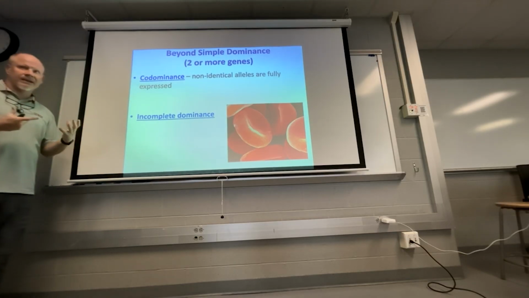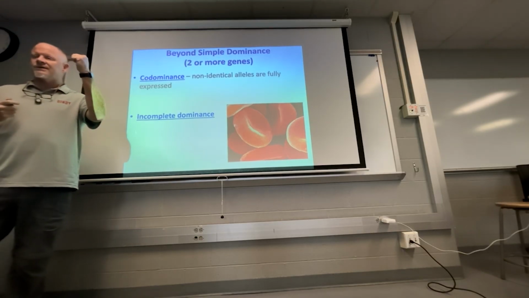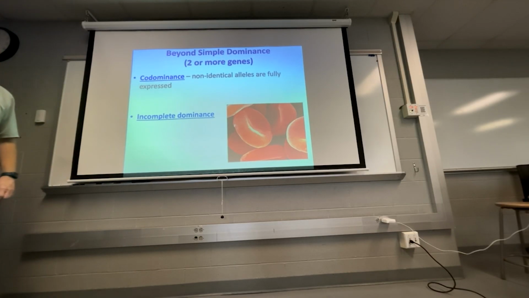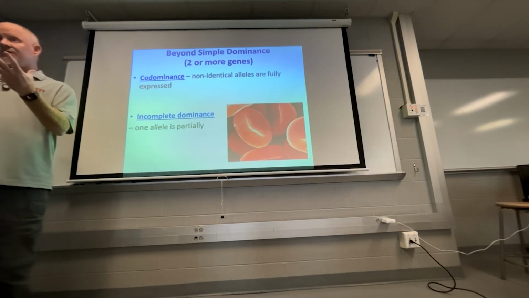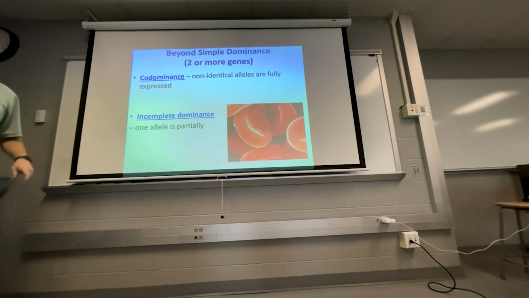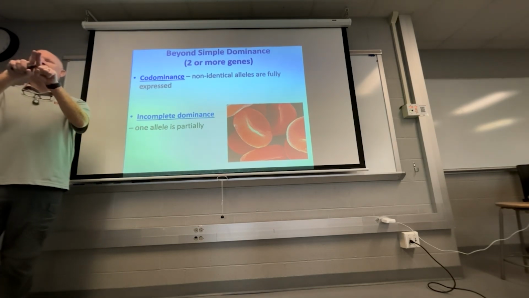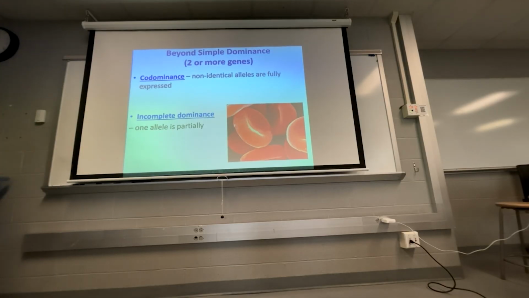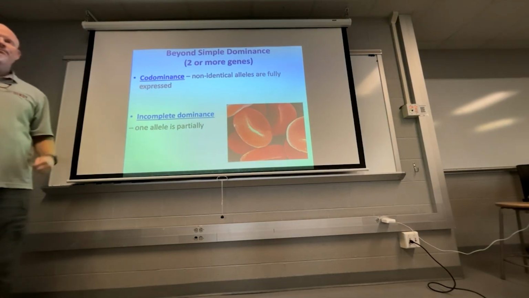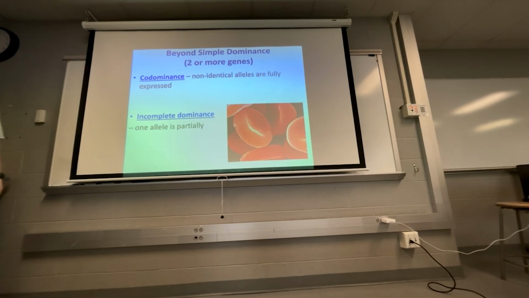So there's A-type blood, which has the A protein on the surface of the red blood cell, and B-type blood that has the B protein on the surface of blood cells, or no protein at all, which we call O blood. And when you get an A and B allele, you express both proteins, right? So you see both of the allele proteins, if you will, on the surface in the phenotype. And I'll show you a picture of that in a second.